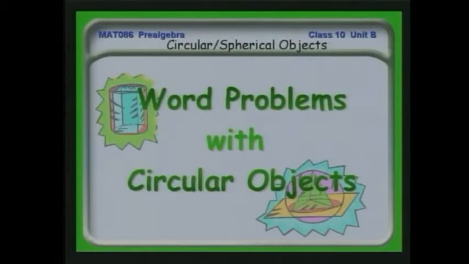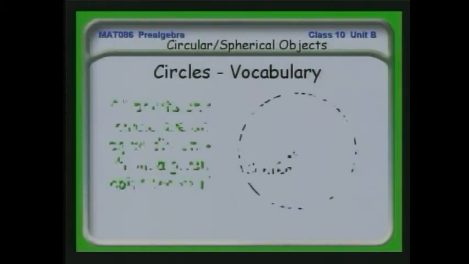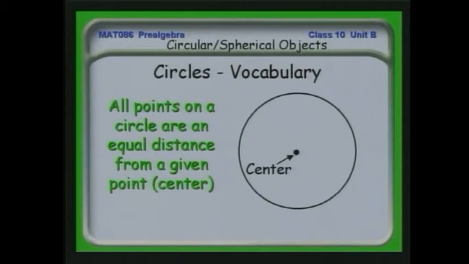Let's move along now and look at something rather important, circular objects. When we deal with circles, there is a certain vocabulary we use that we all need to talk about. First of all, a circle is, well, you know what circles are. If you're at the center and you measure anywhere from the center to the edge of the circle, you always get the same distance.